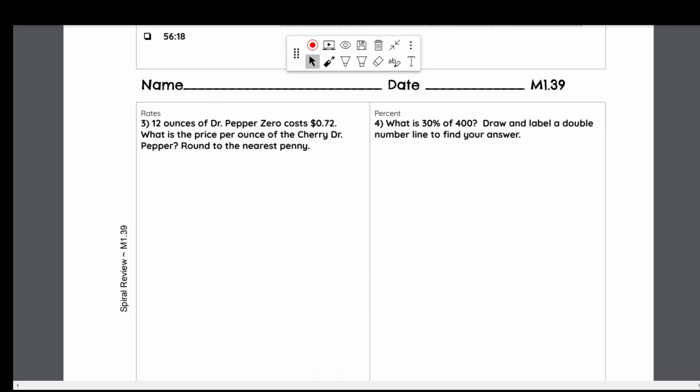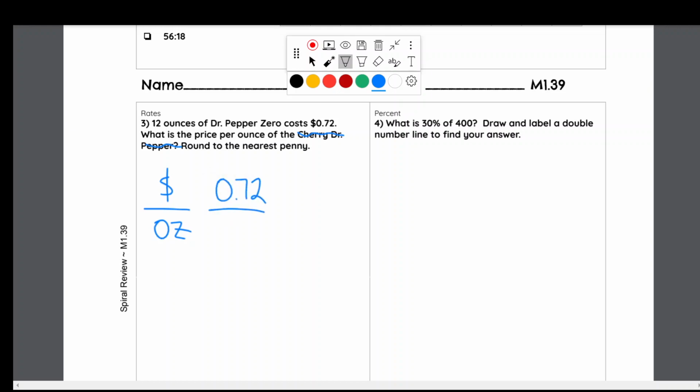All right, 12 ounces of Dr. Pepper costs 72 cents. What is the price per ounce of the cherry Dr. Pepper? Well, I'm going to guess that that's a typo that needs to be fixed. We're going to find the price per ounce of the Dr. Pepper Zero. So I've got dollars per ounces, and there are 72 cents per 12 ounces.